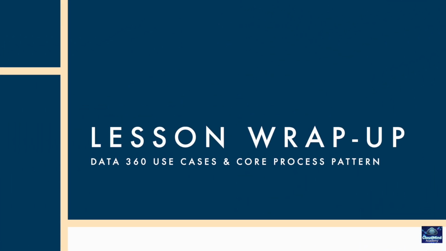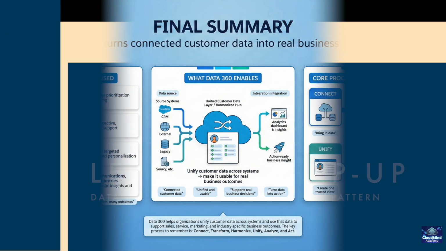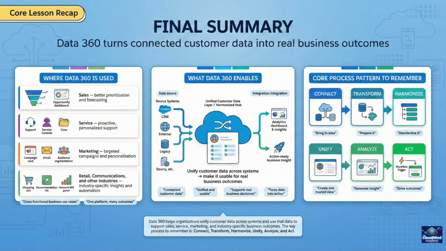Lesson wrap-up. Now, to summarize, Data 360 is used to unify customer data across systems and make that data usable for real business outcomes. It supports use cases across sales, better prioritization and forecasting; service, proactive, personalized support; marketing, targeted campaigns and personalization; retail, communications and other industries, industry-specific insights and automation.